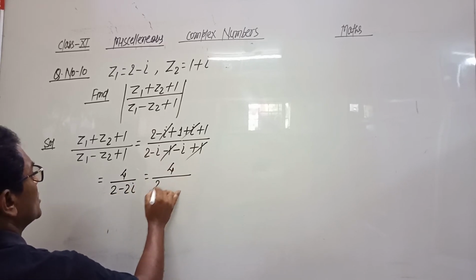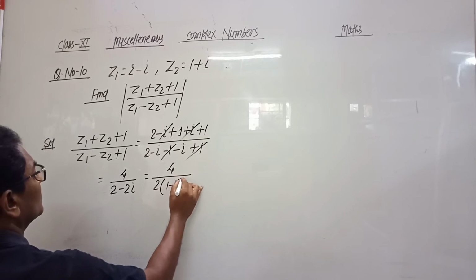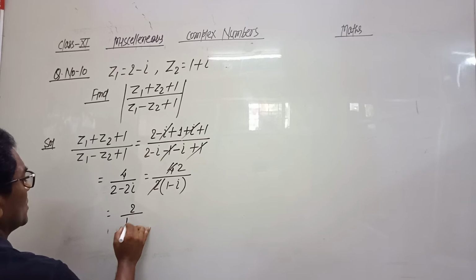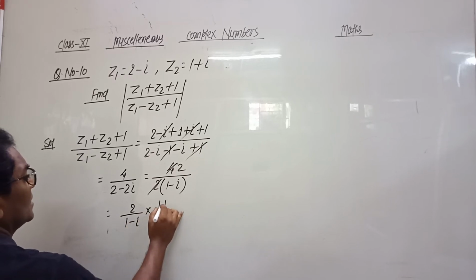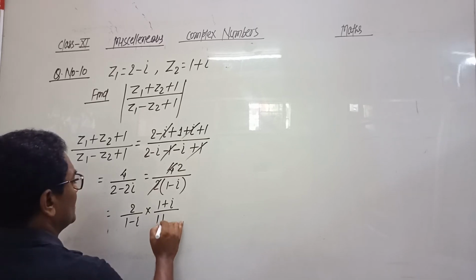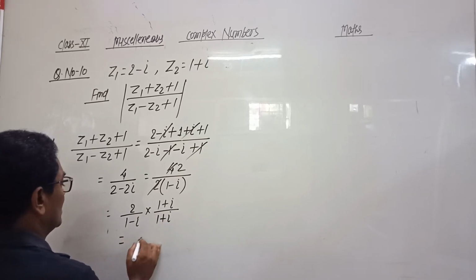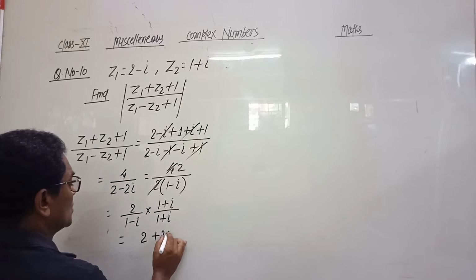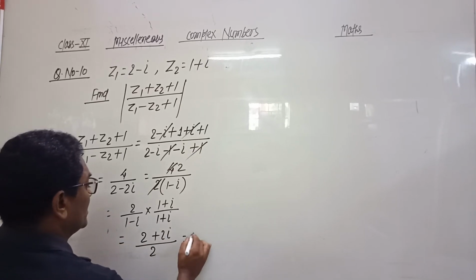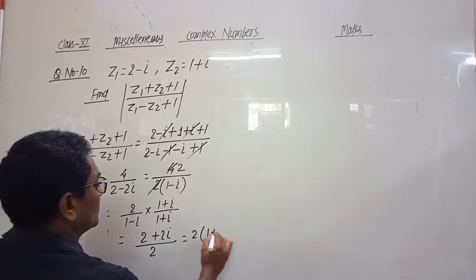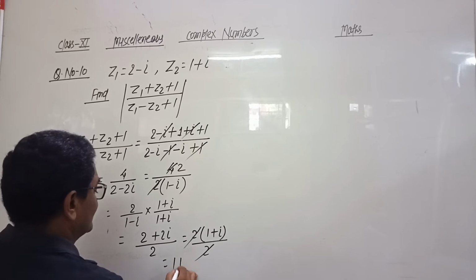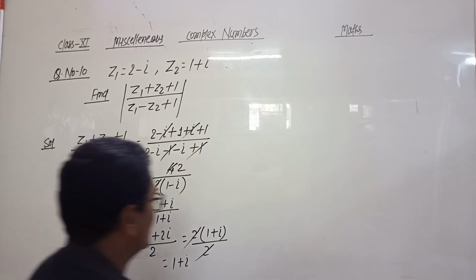So 4 upon, taking 2 as common, we get 1 minus iota. So it gives 2 upon 1 minus iota. Now multiply by the conjugate of 1 minus iota, so 1 plus iota, 1 plus iota. We get 2 plus 2 iota upon 1 plus 1, 2. Taking 2 as common, 1 plus iota upon 2. 2 and 2 get cancelled and it comes 1 plus iota.